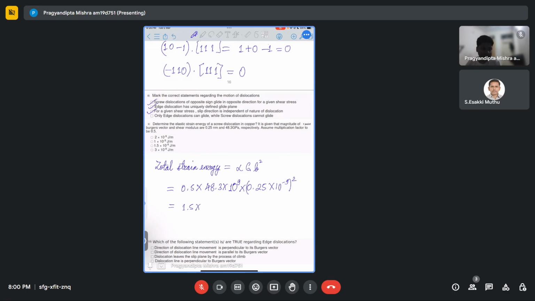Yes, is there a doubt? I was getting some 3.25. You are getting 3.25. Can you recalculate and check? It is 0.5 into 48.3 into 10 power 9 into 0.25. Just check again.